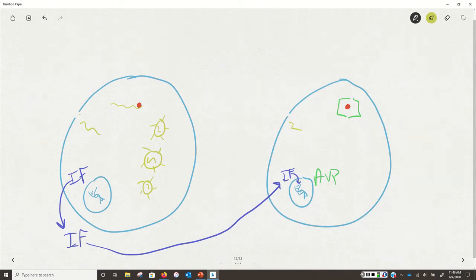Now, let's think about something that naturally happens in our cells. When our cells make our own RNA, the reason that RNA doesn't trigger proteins to be made over and over forever is because the RNA, as the ribosome is reading it, starts to be degraded. It starts to be eaten away.